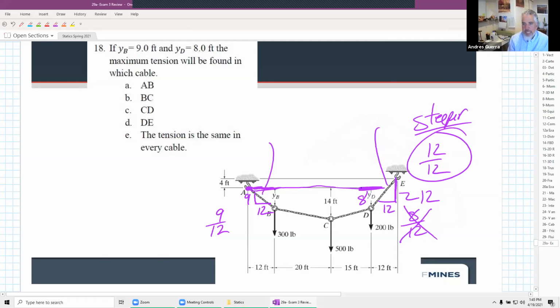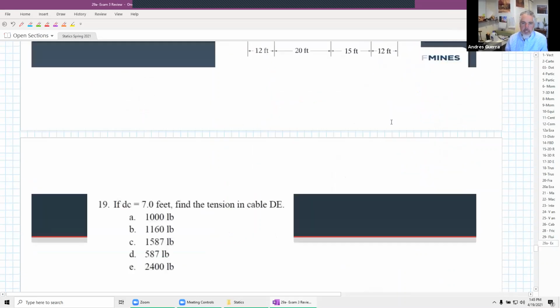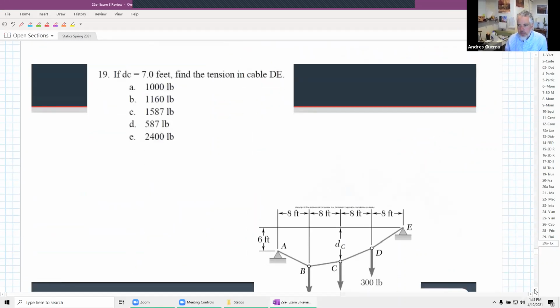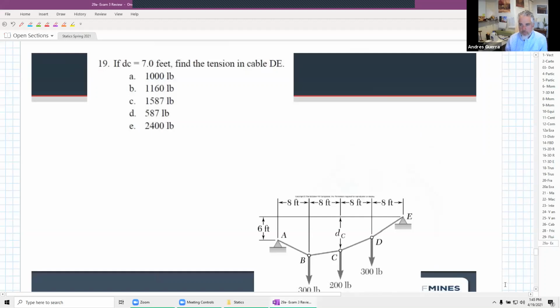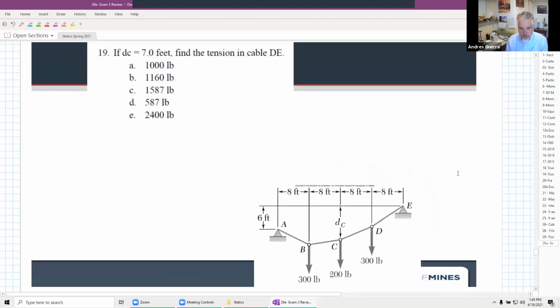Even though YD is 8, we got to add that extra 4 feet to get from A up to E. So watch your geometry on the tests when you're going fast. But don't be afraid to slow down for a second and check whether your geometry is all good, or in other parts of these problems as well.